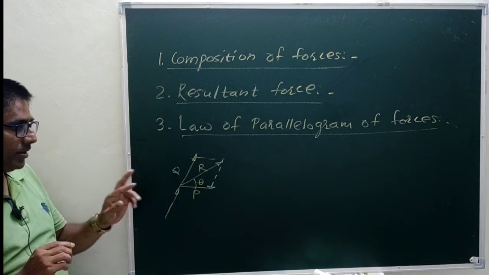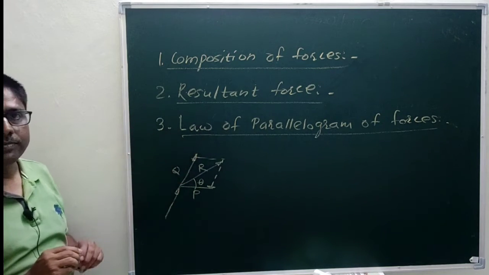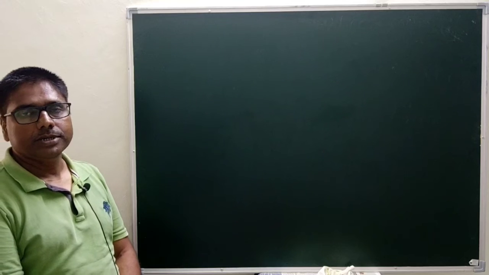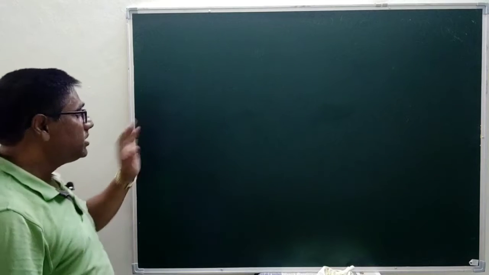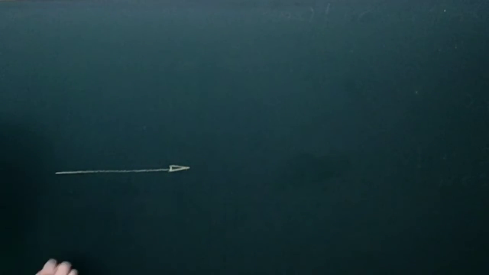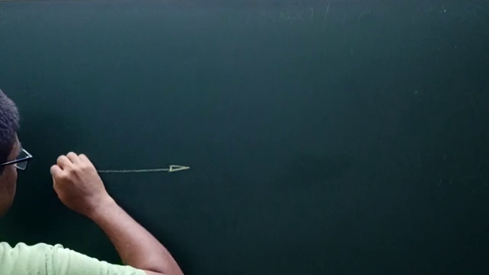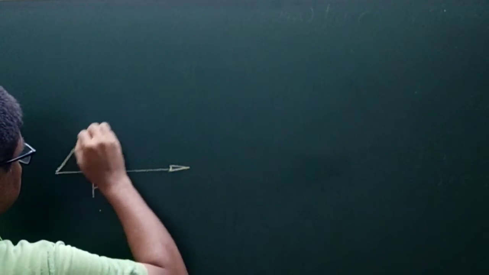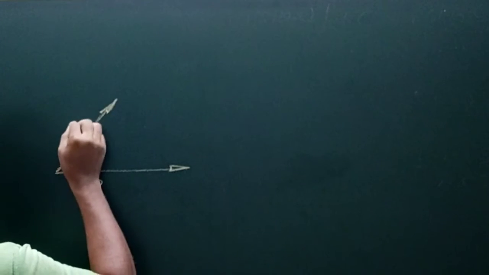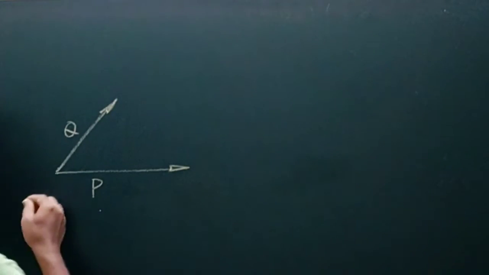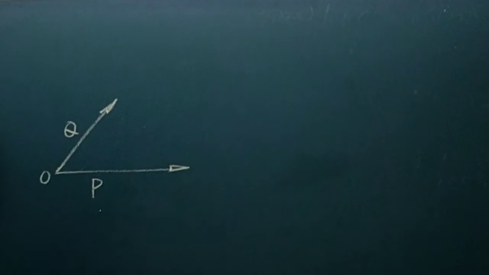We shall derive expression for the resultant for law of parallelogram of forces. To derive expression for resultant, let's draw a diagram first. This is the first force acting along one side of parallelogram, say P. Another force acting along other side of parallelogram, say this force is Q. So this point O, I will try to avoid number of points to avoid the confusion, just representing the forces.